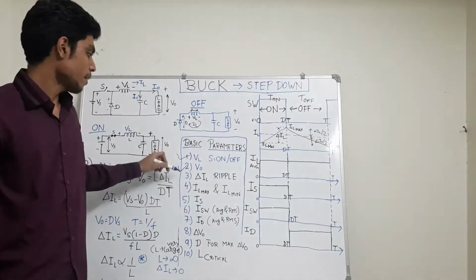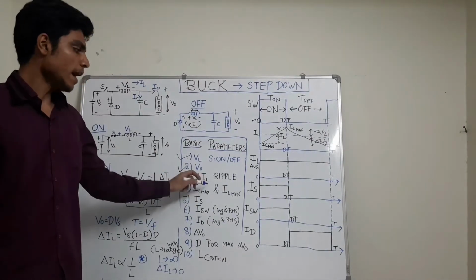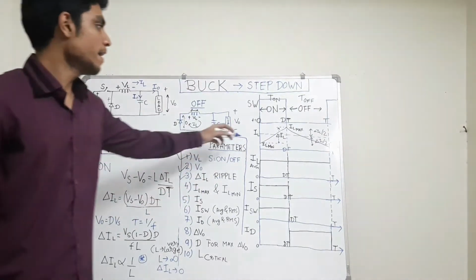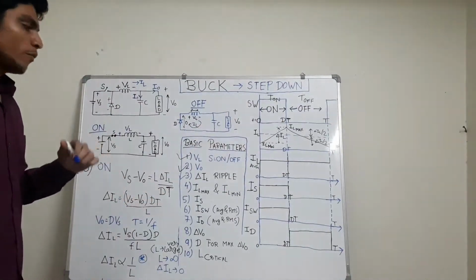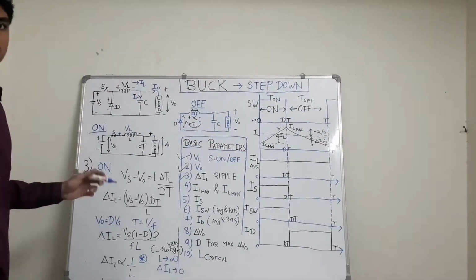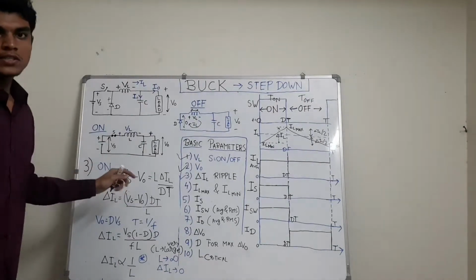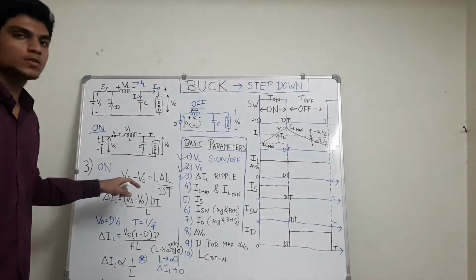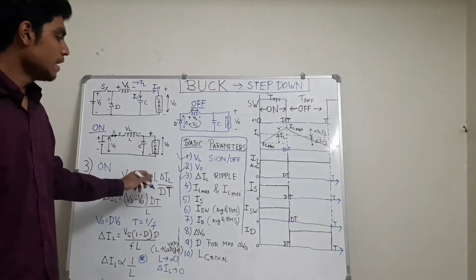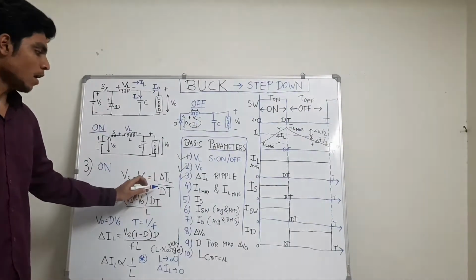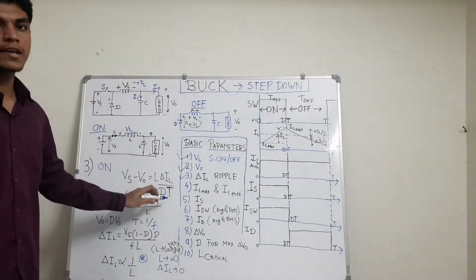The third basic parameter, that is del IL, or ripple in the inductor current. So previously, as discussed, for switch on condition, the charging equation was Vs minus V0 equals to L into del IL upon T on, that is dt.